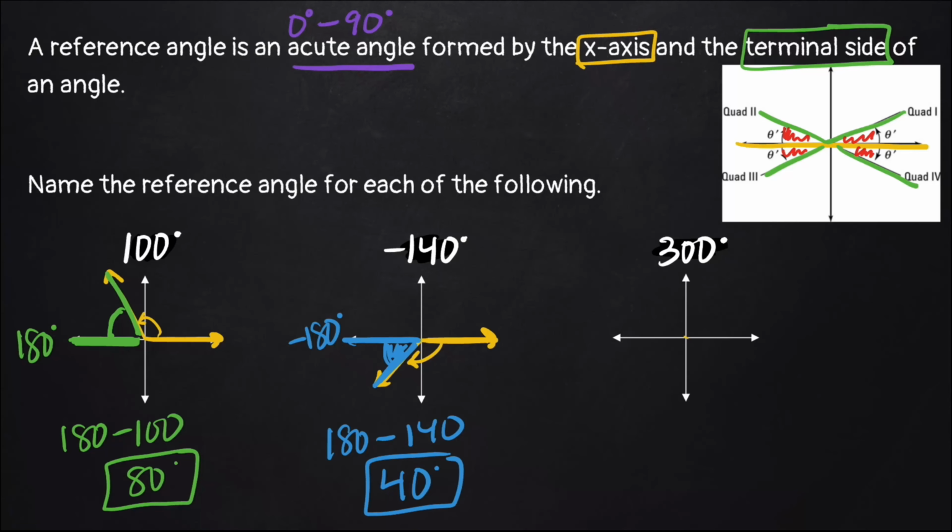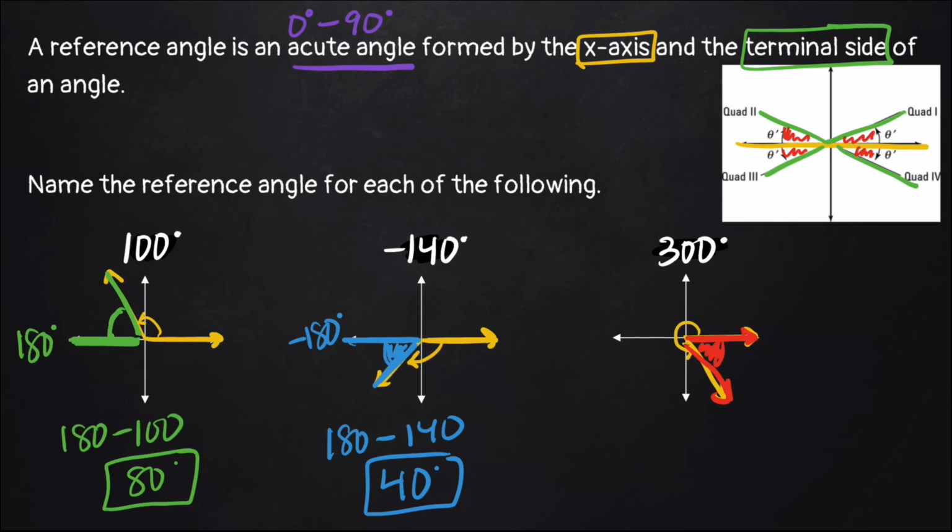And in the third question, here is the initial side. 300, I'd go up and around, and I would be right about here. There's 300. Now, think about where your closest x-axis is. Closest x-axis is here, terminal side is here. So I want to know, what is this?